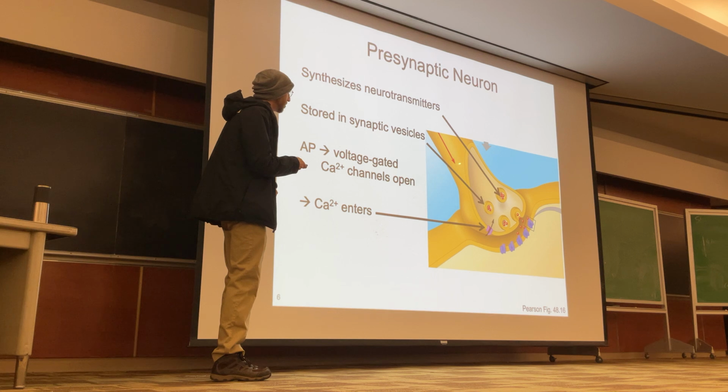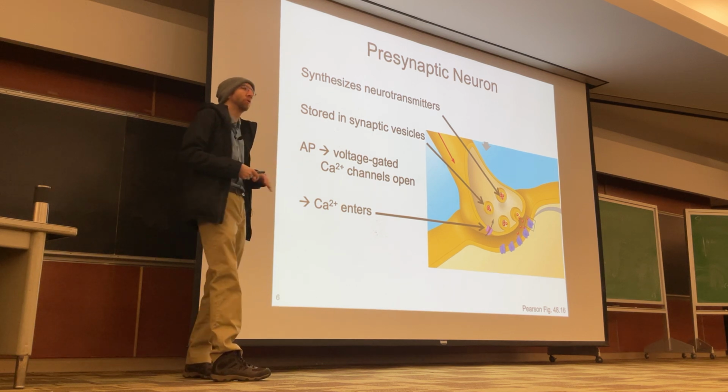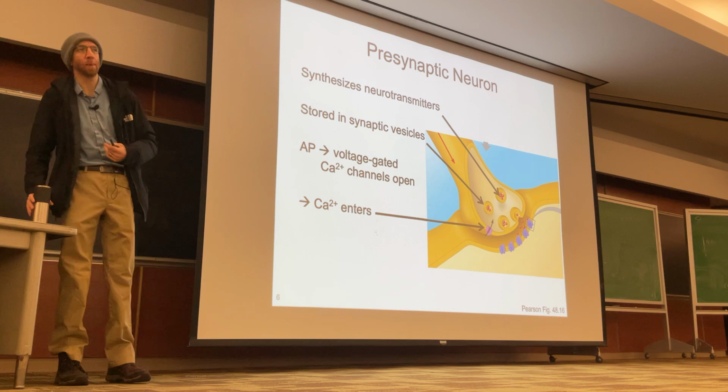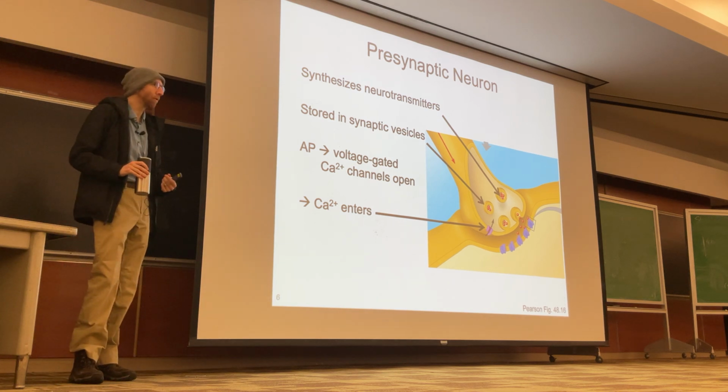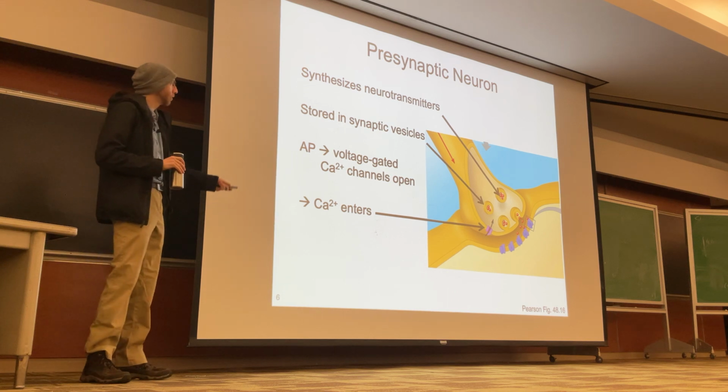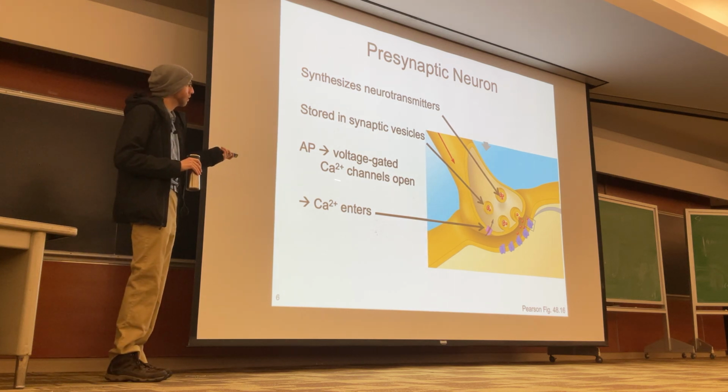Red arrow, action potential. It's going to depolarize this cell. And when we get down to the terminal, we have a new type of voltage-gated channel that's going to play a role here. We've previously talked about sodium voltage-gated channels, potassium voltage-gated channels. At the synaptic terminals, we have calcium voltage-gated channels.